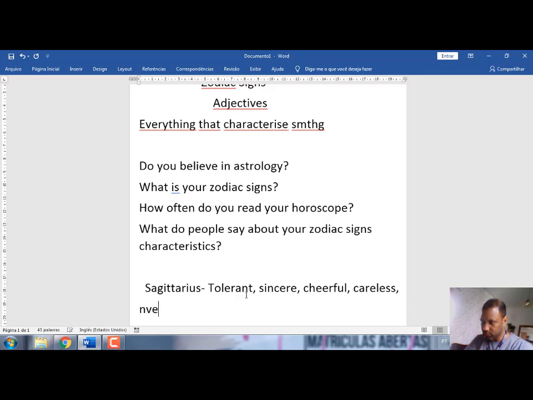November 22nd to December 21st, right? So the person who was born from November 22 until December 21st is Sagittarius.